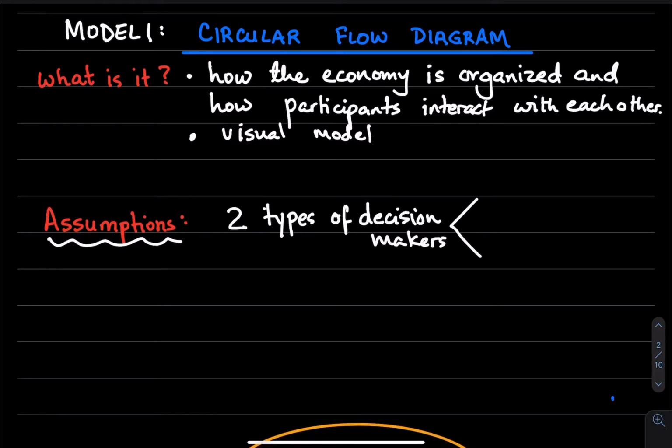The first one being firms. These are companies. And the second one being households, like us.